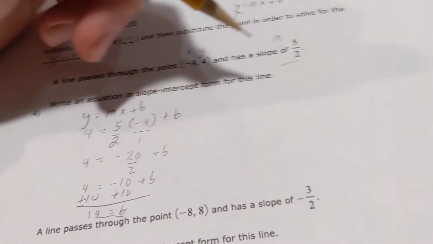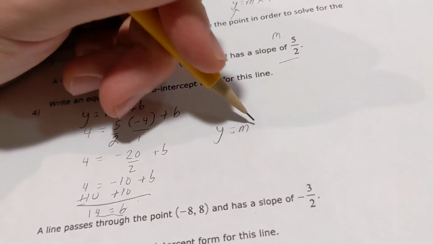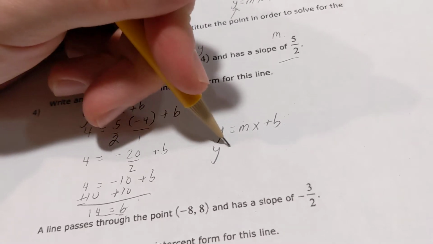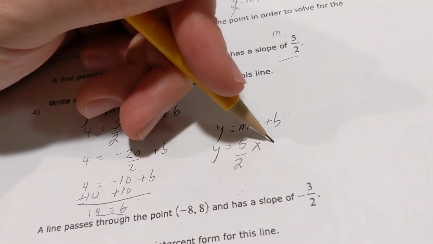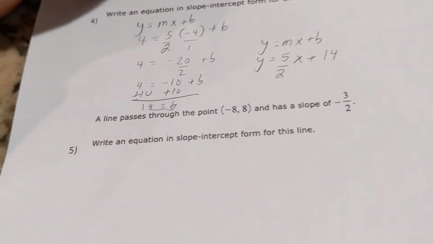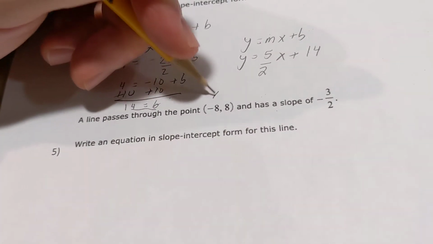So we know m is 5/2, b is 14, so y equals mx plus b. M is 5/2, and the intercept is 14. Okay, that's number 4.